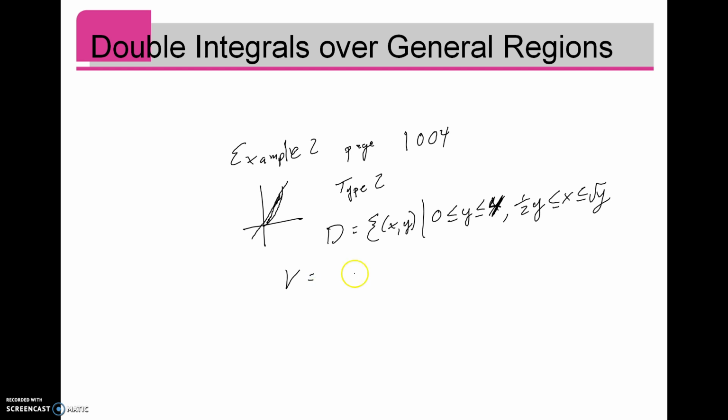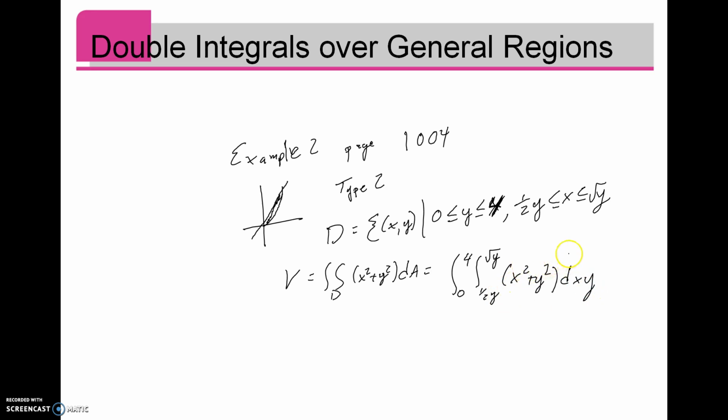That means we can find the volume of this double integral by doing an iterated integral from 0 to 4 this time, and 1/2 y to square root of y, of x squared plus 4y squared dx dy.